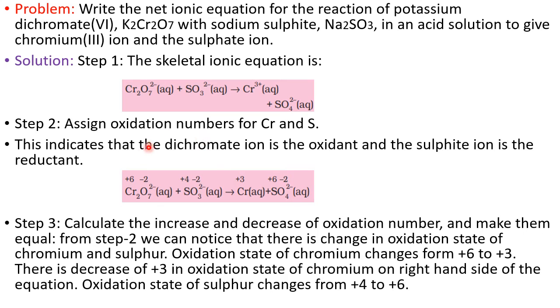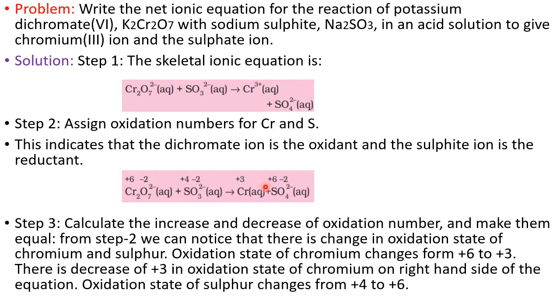So dichromate to Cr3 plus is a reduction reaction, and dichromate is the oxidizing agent. Now you see the sulfur. Before, it was in the plus 4 state. Now it is in the plus 6 state. That means the ON is increasing. When there is an increase in the ON, that means it has undergone loss of electrons.